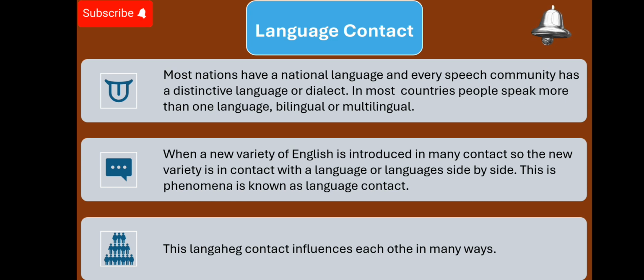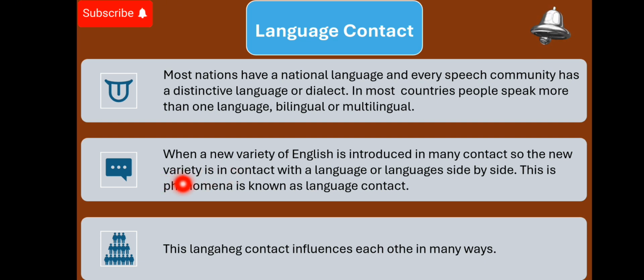If you speak two or more languages, you are called bilingual or multilingual. You might not be proficient in both. In one language you might be more proficient than the other, but at least you can understand and speak two languages.